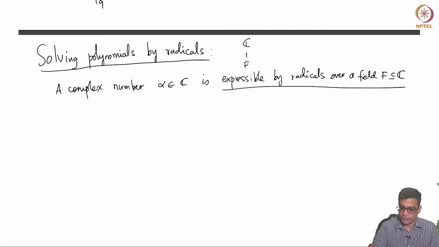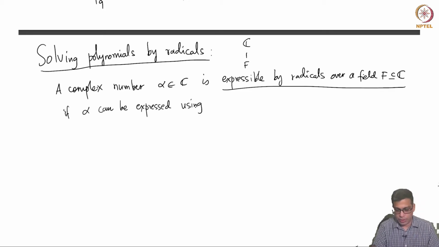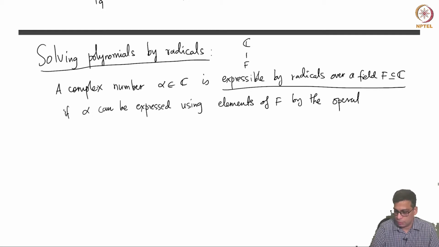So, C contains F, and we typically take F to be Q. If alpha can be expressed, so this is not a formal definition, that will come in a minute, but I want to indicate what we need, can be expressed using elements of F by the operations, of course, the standard operations, addition, subtraction, multiplication, division, and radicals, taking radicals.